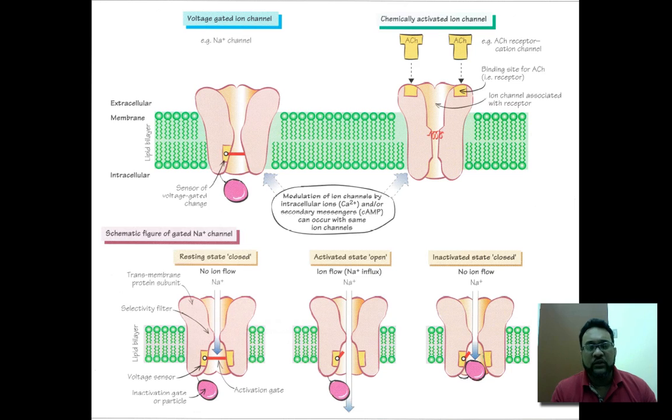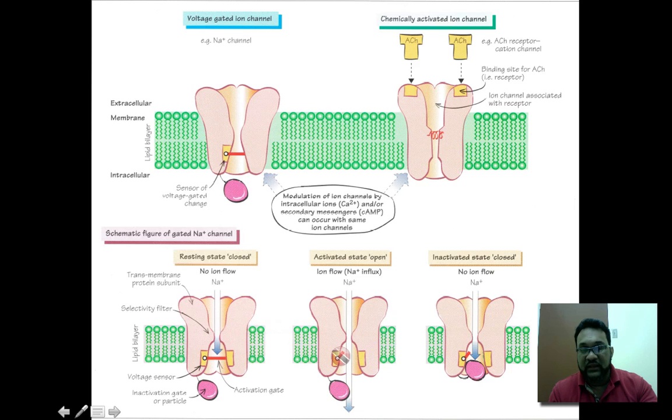Why do you think that although both the activation gate and the inactivation gate are turned on when there's depolarization, there's still a time where sodium ions are able to pass through? I hope you figured it out. It means that although they are turned on at the same time, their kinetics are different. In other words, the activation gate moves faster than the inactivation gate.